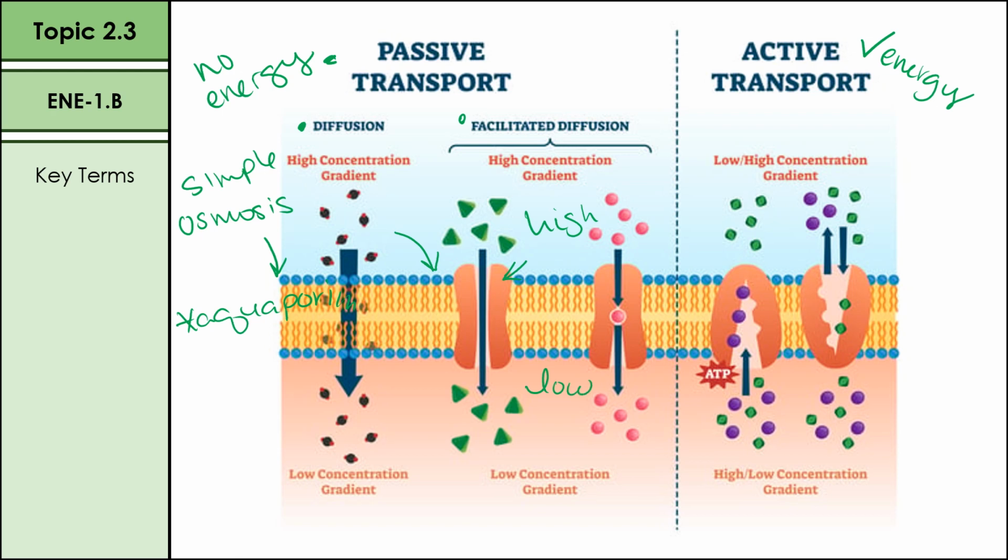We are spreading out. But if instead we wanted to go from low to high, we need energy. In order for us to move against our concentration gradient, we need energy, and so we rely on active transport.